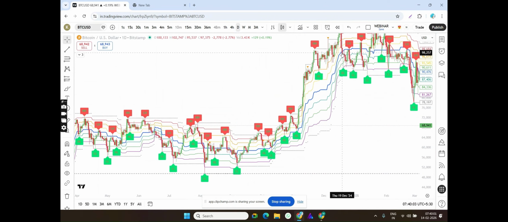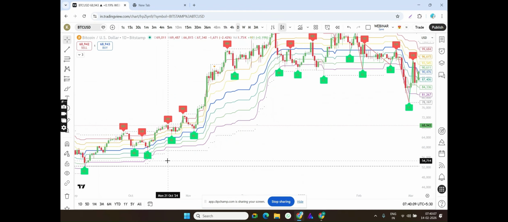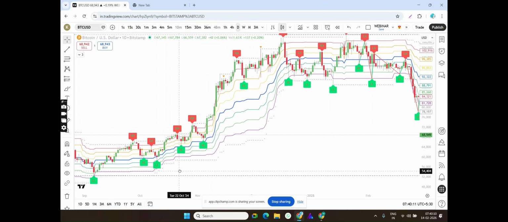So 68 to 98, that is 20k. For a trend follower, if you are working with discipline, then this could be a decent trend identification on the indicator, and with discipline you will be able to capture the trend.